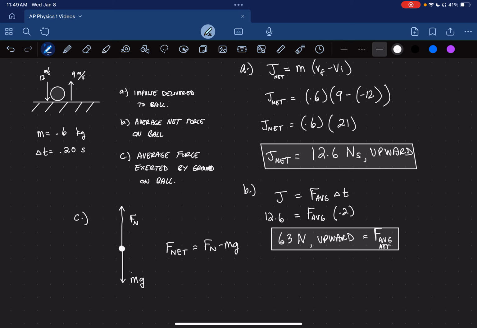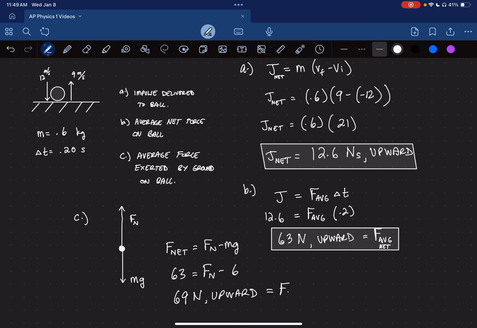We're going to subtract these, Fn minus mg. And we know the net force is 63 newtons. Don't know Fn. mg is 0.6 times 10, which is 6. And so this is 63 plus 6. This is 69 newtons. The picture gives it away, but of course it's upward.